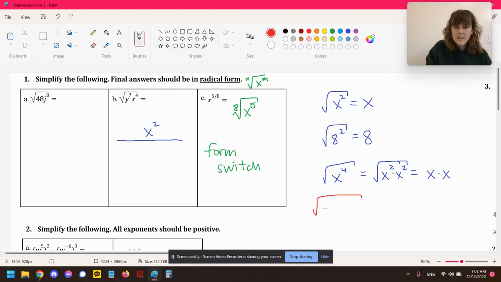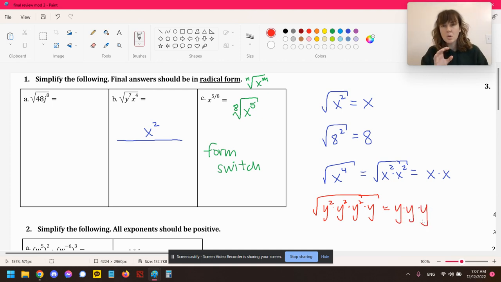For the y to the 7th part, we can think of this as 3 y squareds times an extra y, right? Because there's 7 total, and that's 3 pairs plus 1 kind of hanging out. Which means all of these y squareds underneath the square root get simplified to just y.